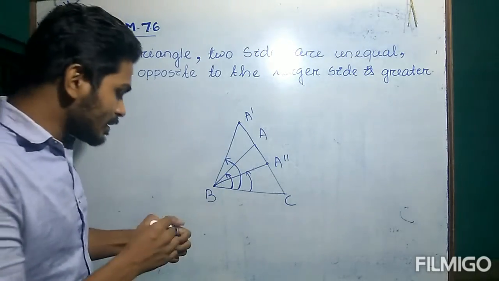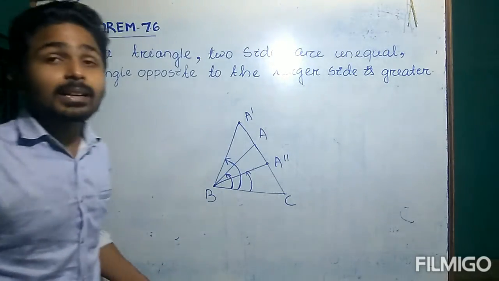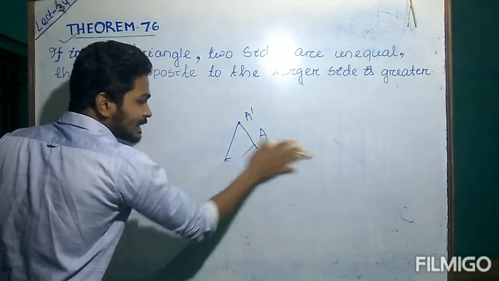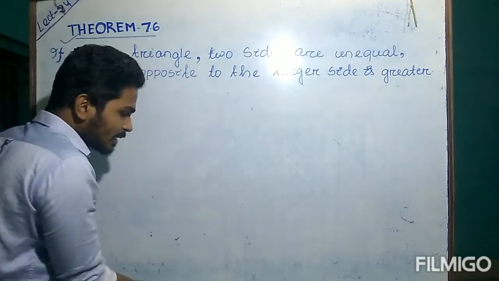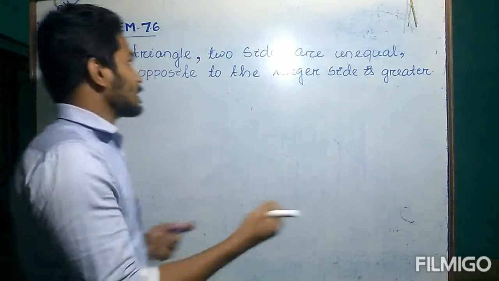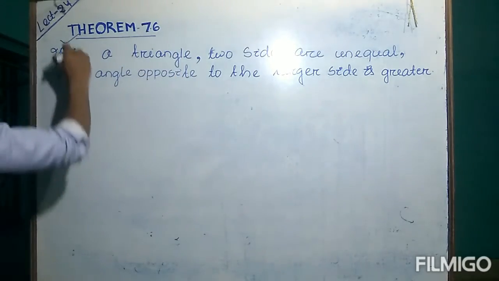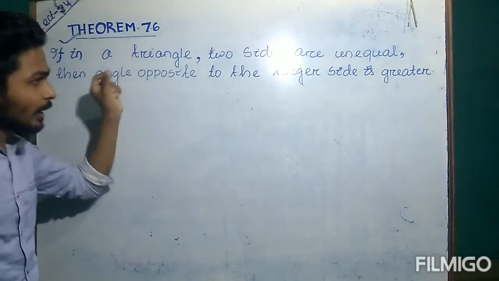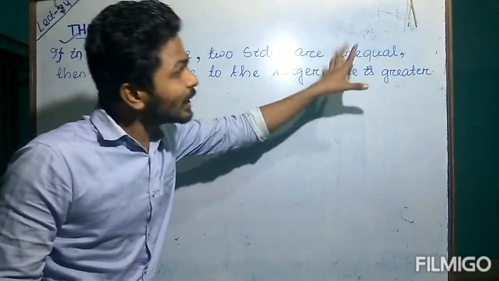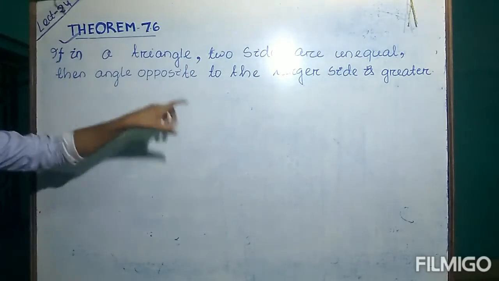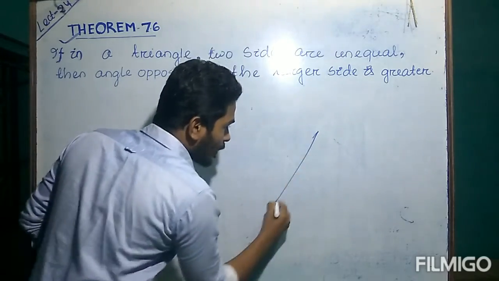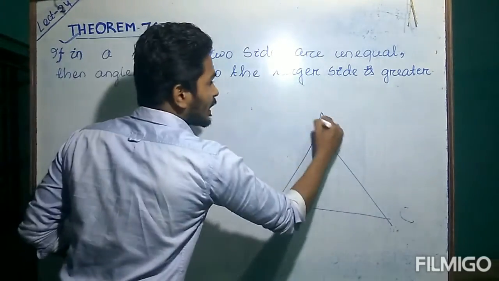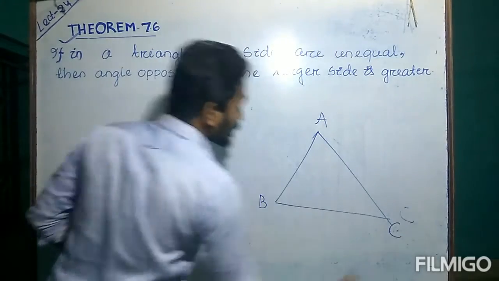Now based on this concept, today we are going to discuss another theorem, theorem number 7.6. Let us understand the statement of theorem 7.6. It states that if in a triangle two sides are unequal, you have to draw a triangle, suppose this is ABC.